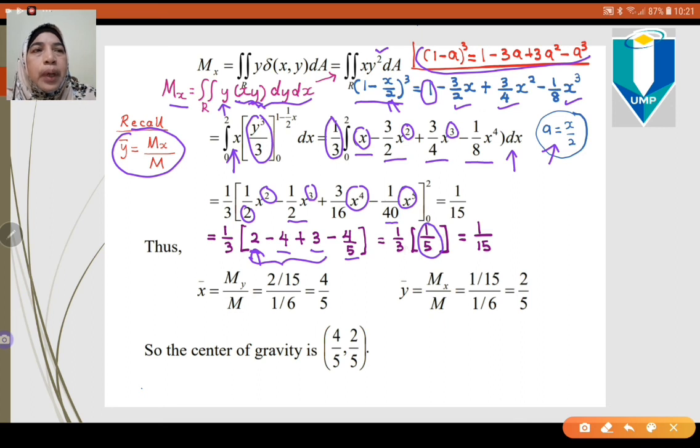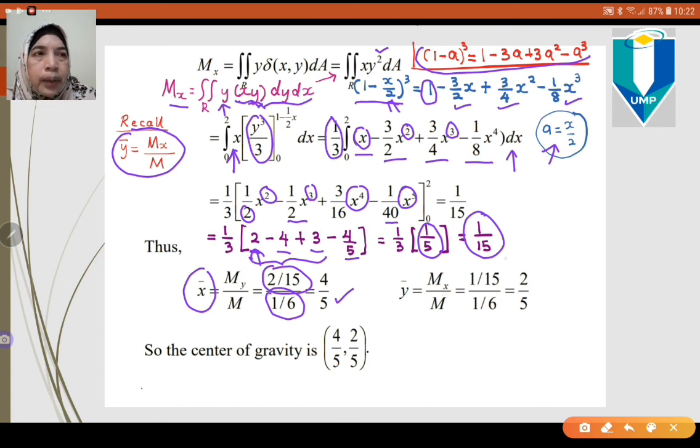So you multiply 1 over 3 times by 1 over 5 to give this value. Remember, just now we have the moment about the y-axis to be 2 over 15. If you divide by the mass, you will get 4 over 5. So that will give you the value for x bar.